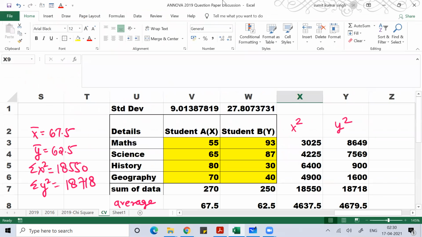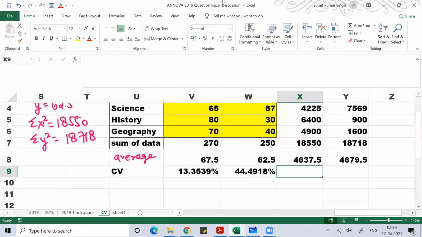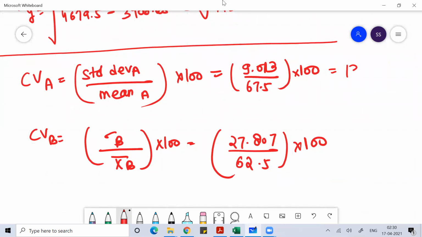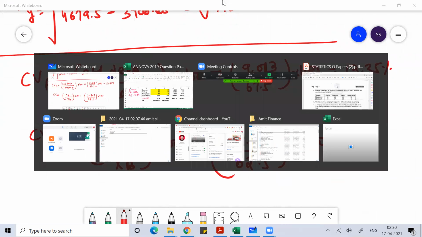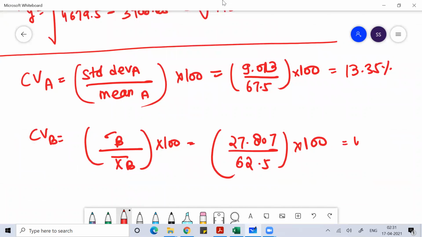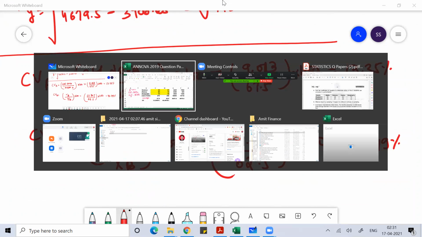If you see this value, the coefficient of variation of A is less, so A is more consistent in its performance.